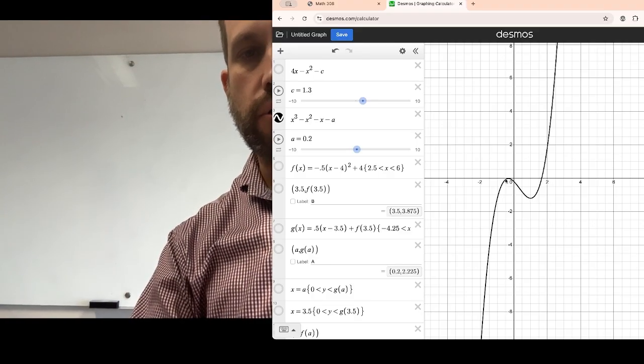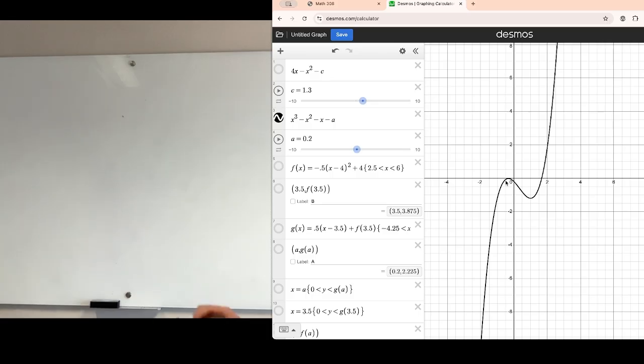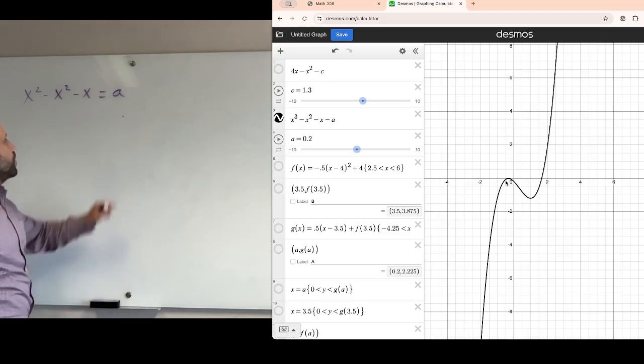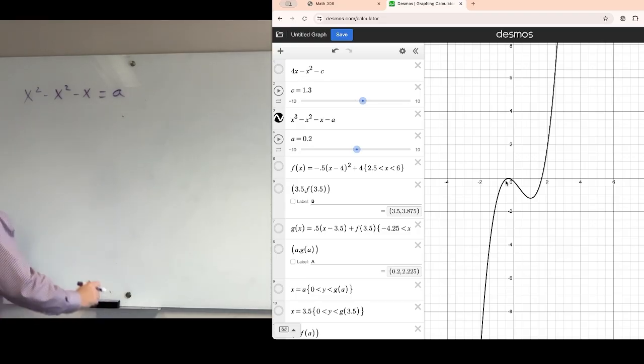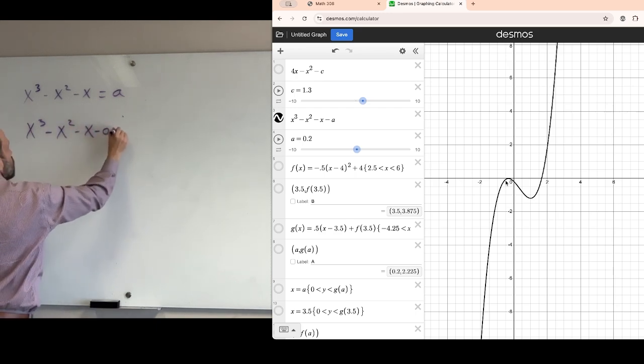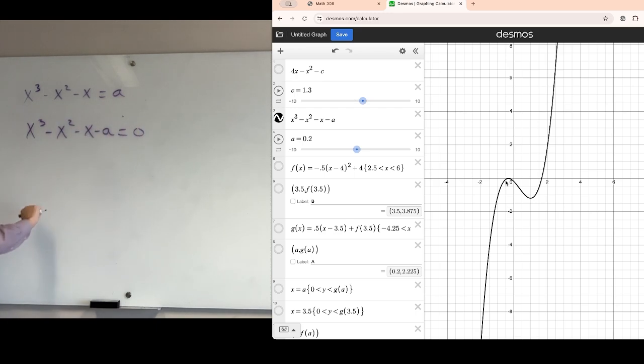So if I have an equation x cubed minus x squared minus x, I just want to point out that if I want to find the value of a that maximizes this, sorry, this should be cubed, it's equivalent to finding the largest value of a such that this is still positive.